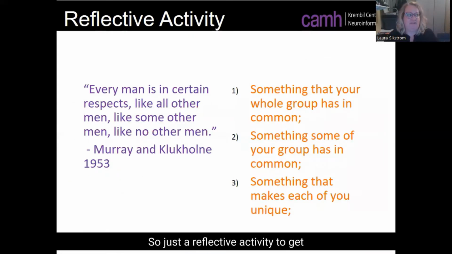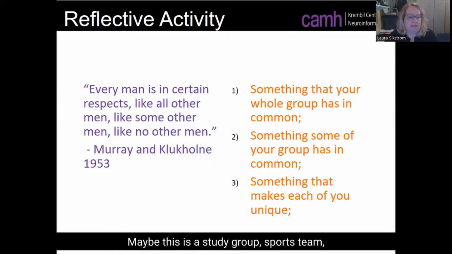So here is a reflective activity to get us thinking about what are meaningful comparisons. I just want us to think about how every man is in certain respects like all other men, like some other men, and like no other men. Maybe take a moment to think about a group that you belong to.